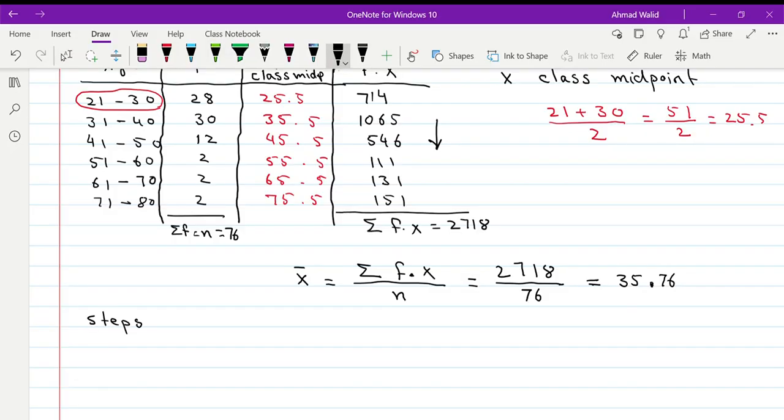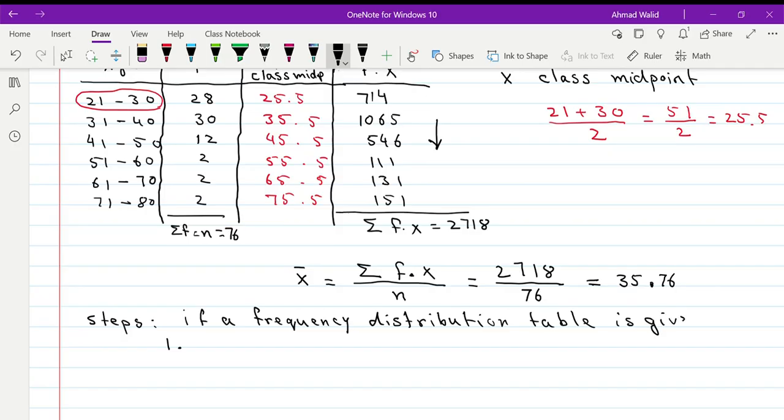What I did: a frequency distribution table is given.